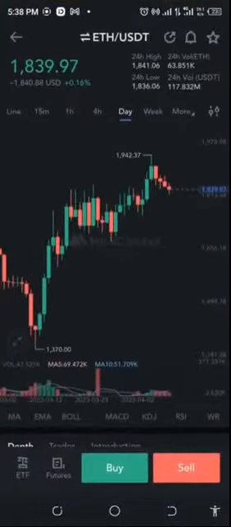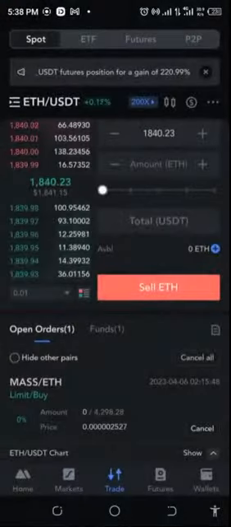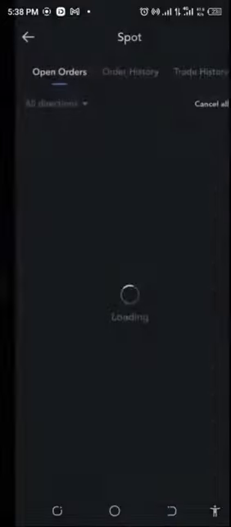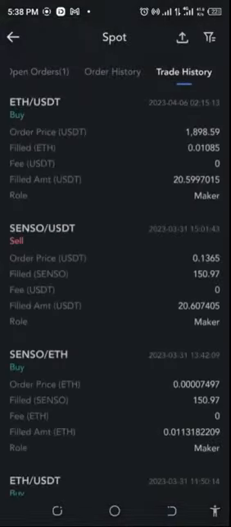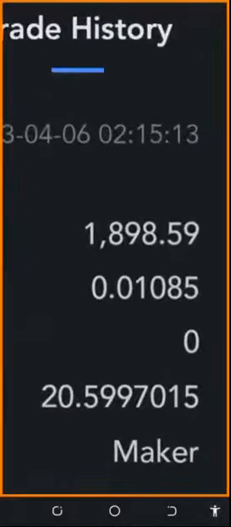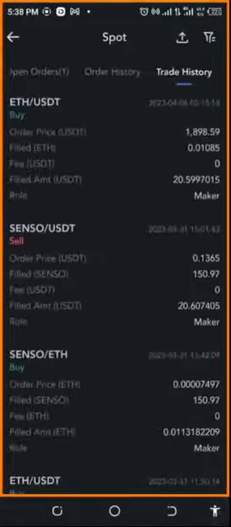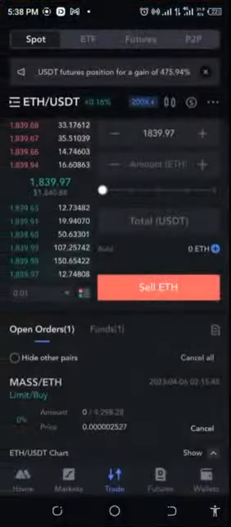So because I bought this mass ETH, I mean, sorry, I bought ETH for 1,898, almost like 1,899, as you can see here. So right now the value of ETH has gone down.